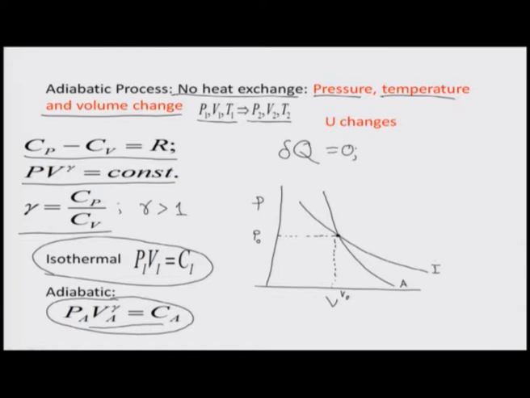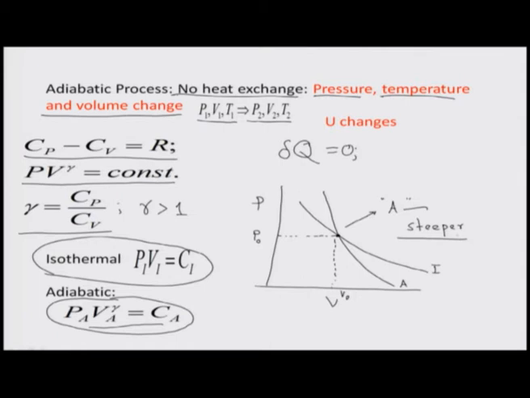How do you do that? They intersect at the point P0, V0. You can immediately see that the curve which I denoted by adiabatic is steeper. So, you should look at the slope and see which curve is steeper. Adiabatic is always steeper than the isothermal, which I am going to show in a few lines in the coming slide.